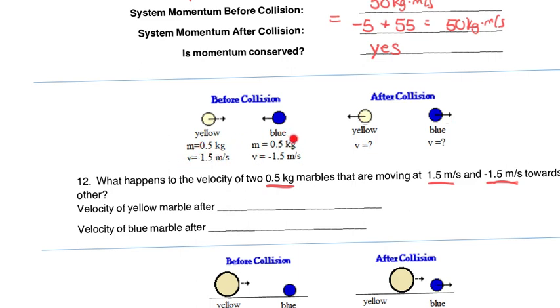Because they have the same mass and momentum needs to be conserved, these are just going to switch places. So the velocity of the yellow marble afterward is going to be negative 1.5 meters per second, and the blue marble is going to be positive 1.5 meters per second, because they just switch places, because they have the same mass.